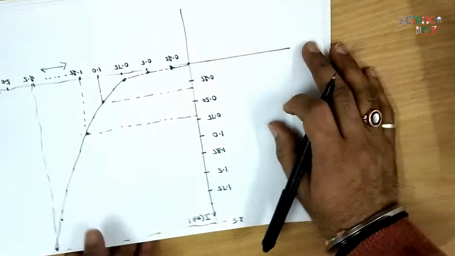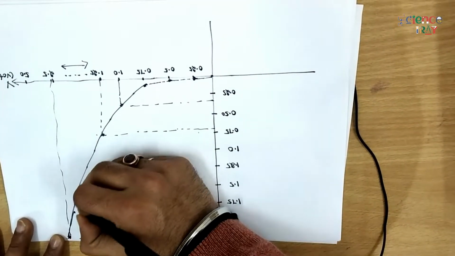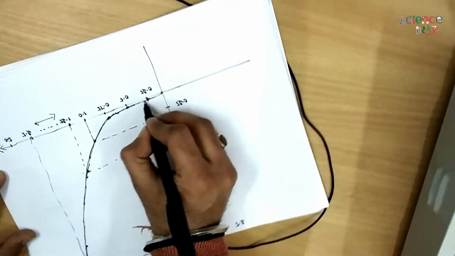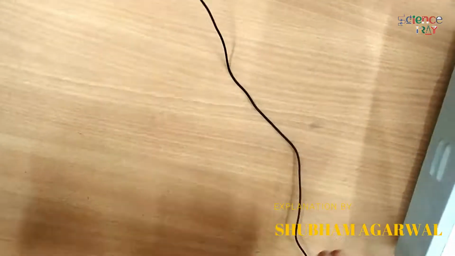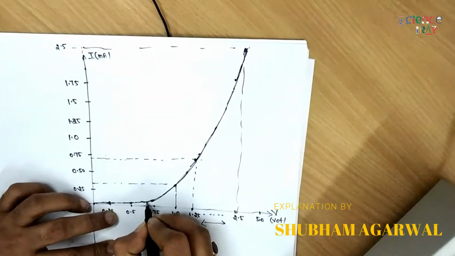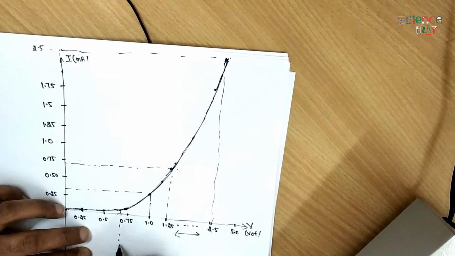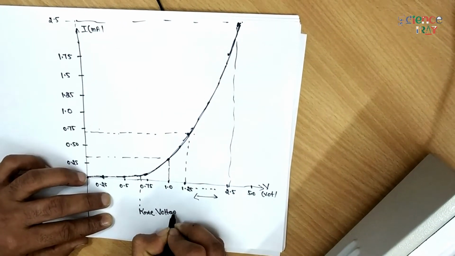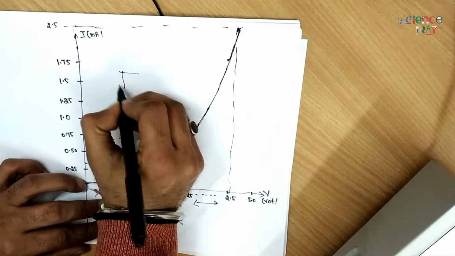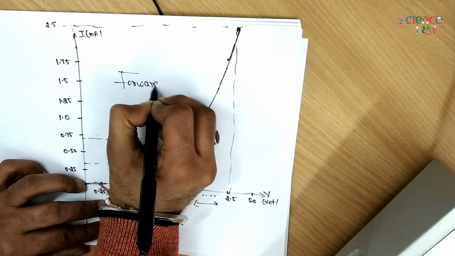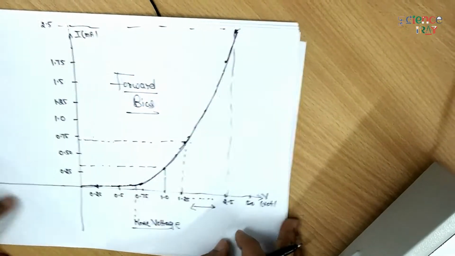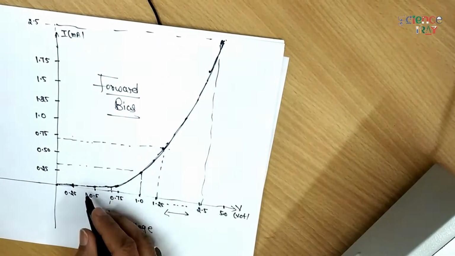This is the perfect forward bias that we showed in the previous video of the PN junction. This is our forward bias. Somewhere here the current has started increasing, and it is our knee voltage. Forward bias is absolutely the same as in a PN junction, or in a Zener diode. So this is our forward bias graph.